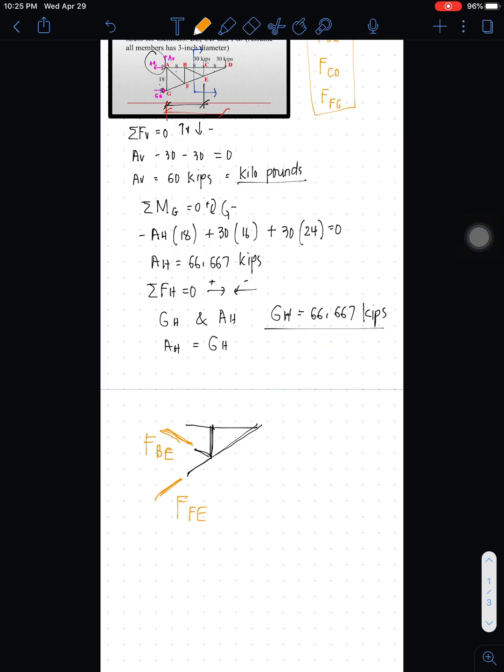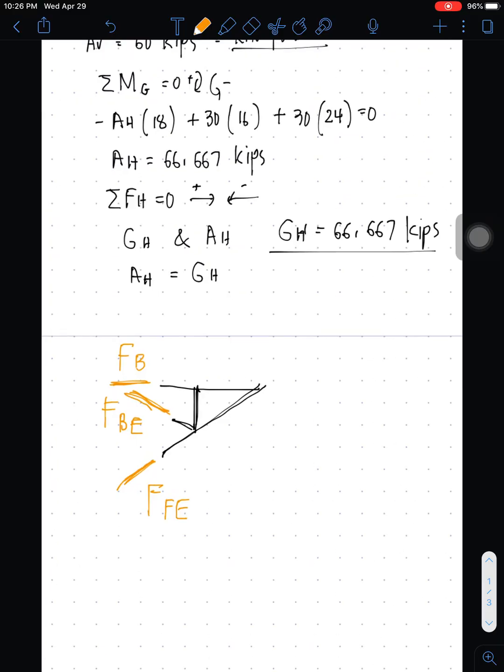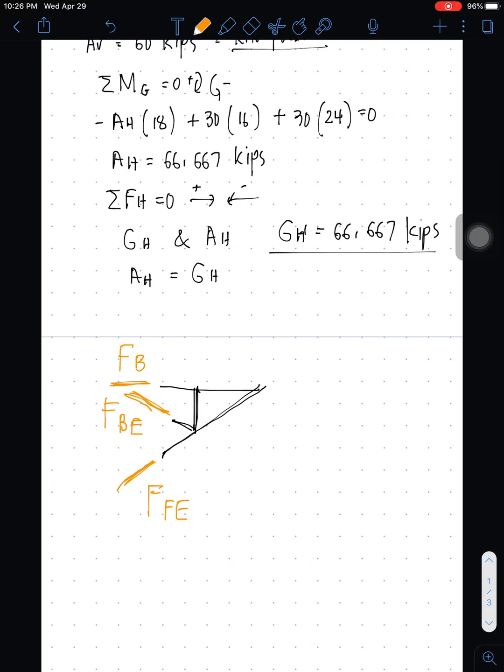And then we also have force BC. So our objective is to solve for force BE. So how do we solve for this one?